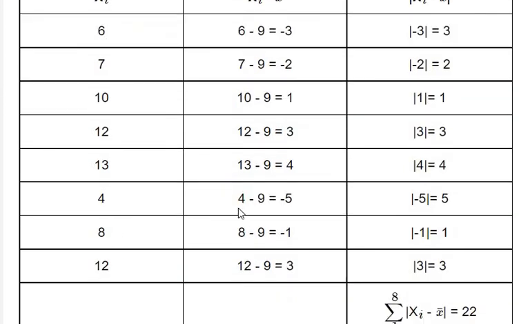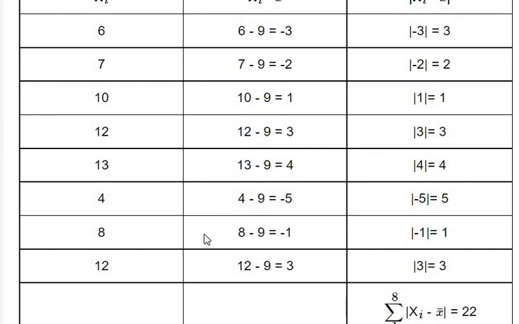Another value is 4. So 4 minus 9 is equal to minus 5. The next one is 8. 8 minus 9 is equal to minus 1. The next is 12. So 12 minus 9 is equal to 3. Always be very careful that we should only do x minus x bar, not x bar minus x. It is your variable minus the mean.